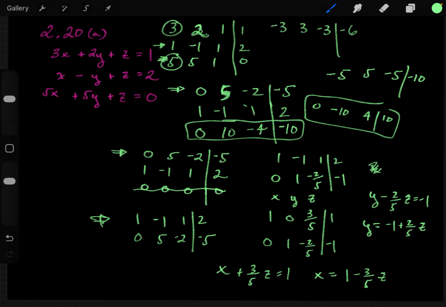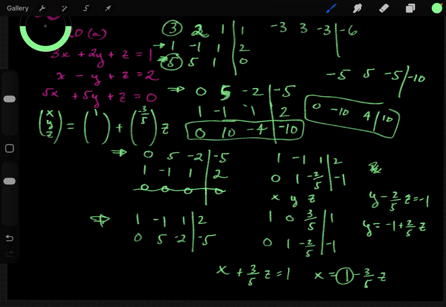And now with this I can express the solution as a set of vectors. It's helpful if you write it as x, y, z, and you should see that it's the z that's free, right? The constant for x is equal to 1 minus 3/5 z, so it's a 1 here as the constant, plus, and then this is going to be the z part, which is negative 3/5.